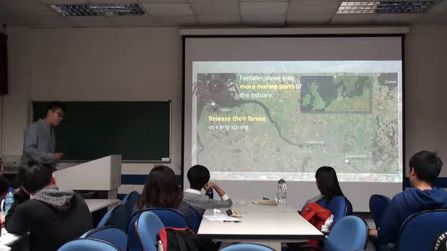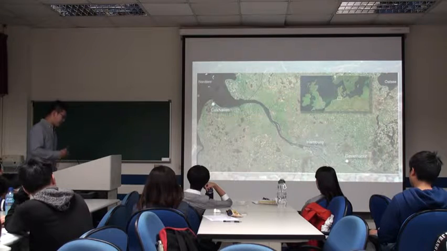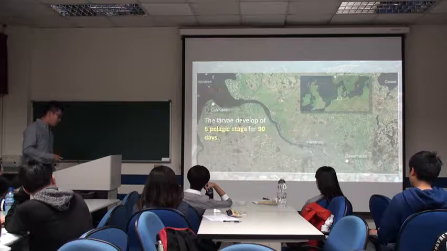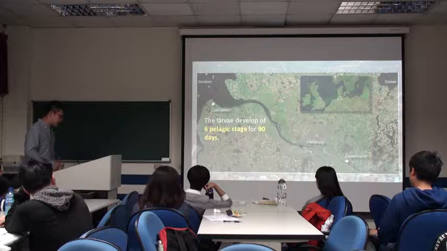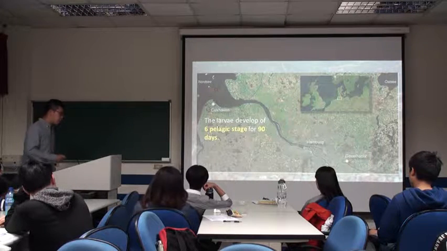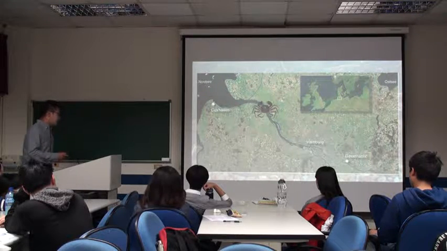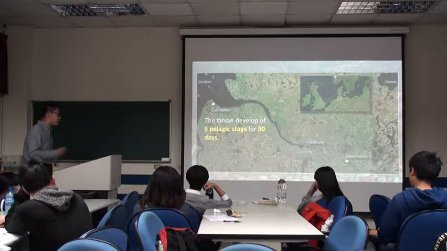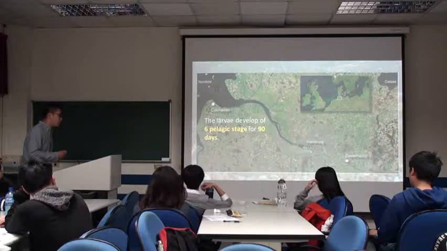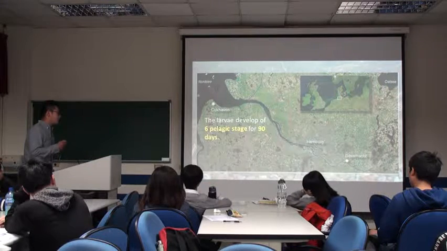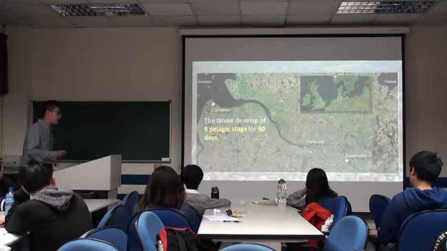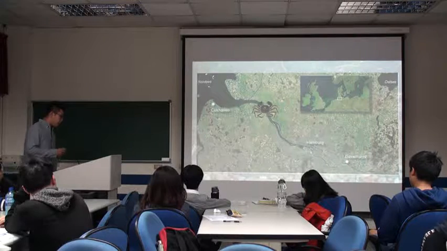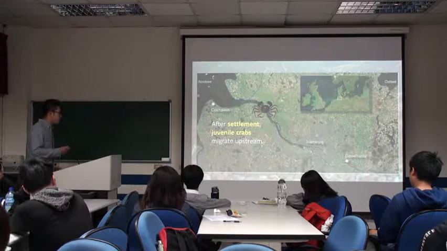Remember, larvae for crabs, not laying eggs. Then the larvae will develop through 6 pelagic stages for 90 days, and pelagic means the larvae move with the water flow, but not by themselves. And the larvae grow into a juvenile crab.